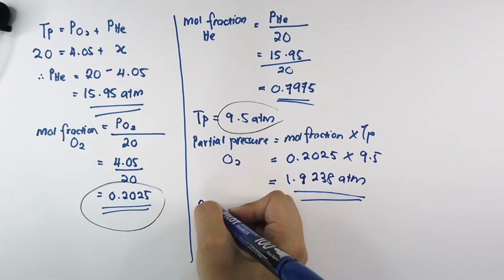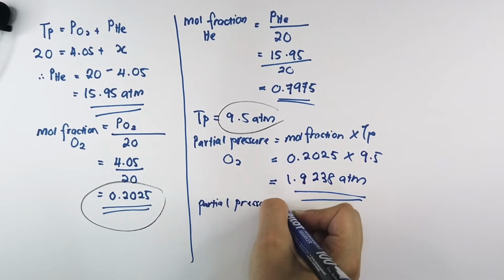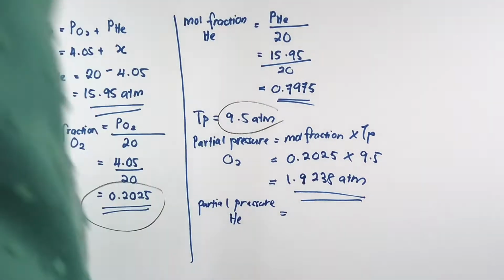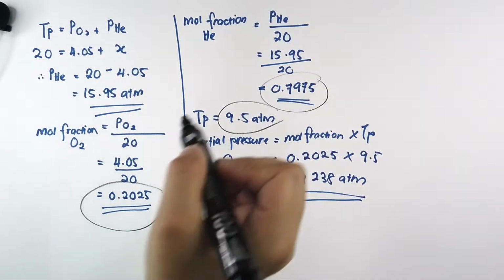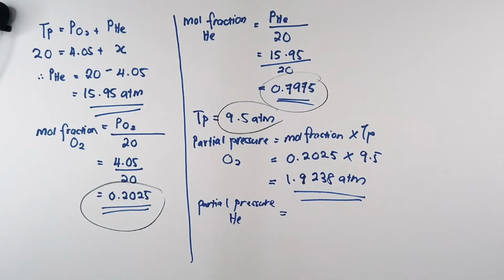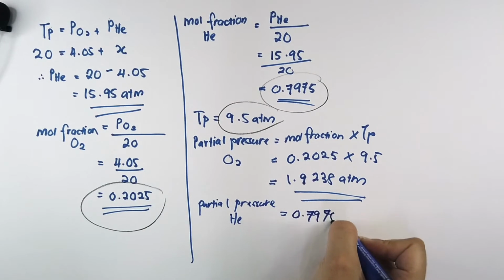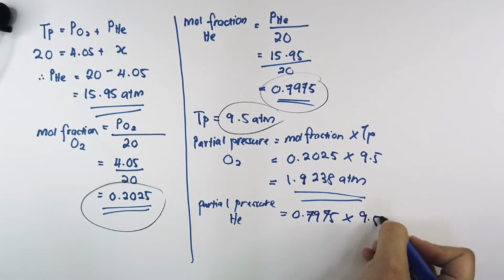Then you're going to do the same drill for helium. The partial pressure for helium is equivalent to the mole fraction of helium, which is 0.7975, times the total pressure. The new total pressure is 9.5.